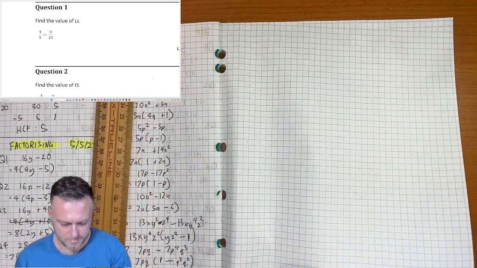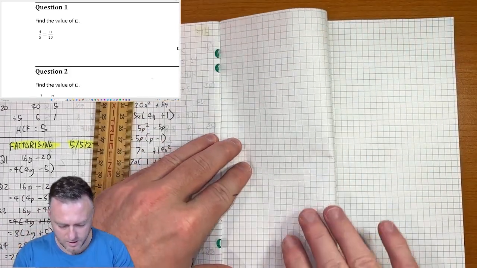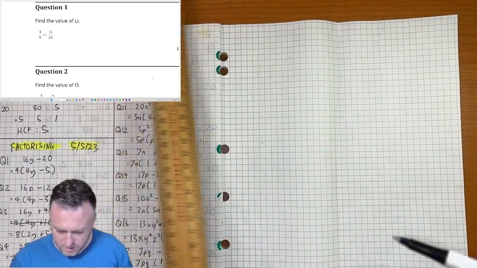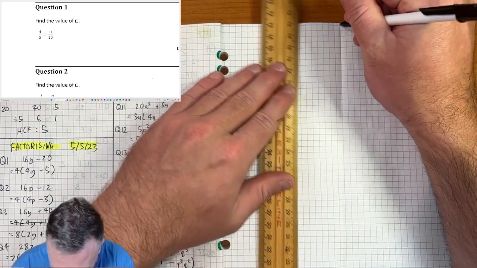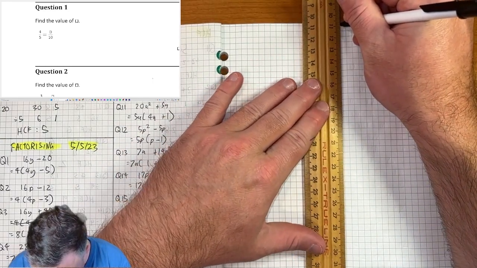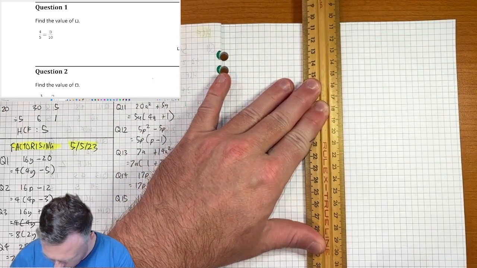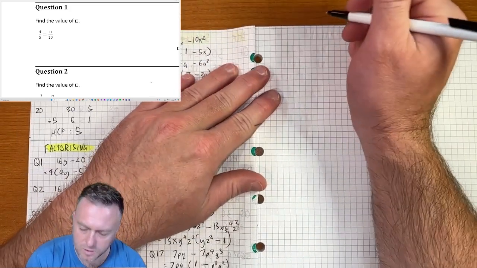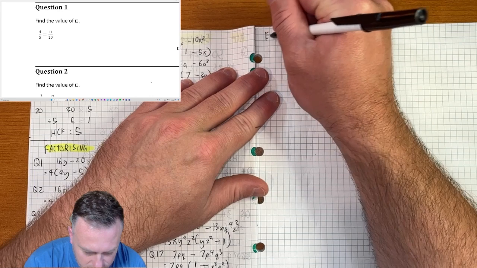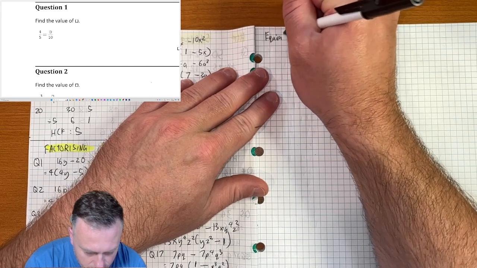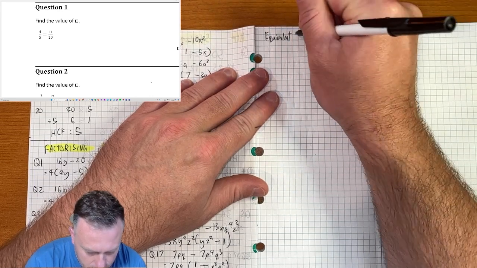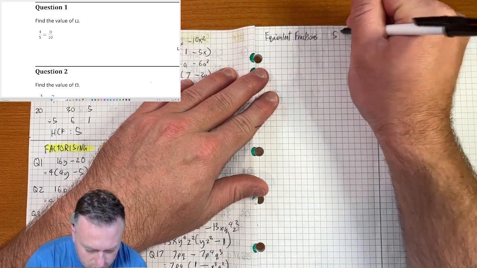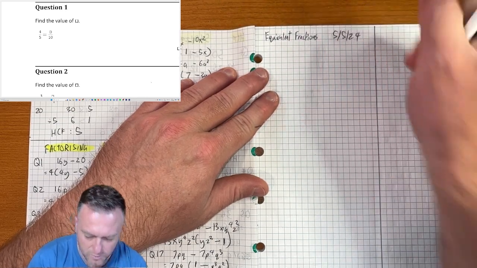So first step, we need to write a new page. Across here, grab my handy ruler. And down we go. So this is homework on equivalent fractions. And I did this on the 5th of the 5th, 24.